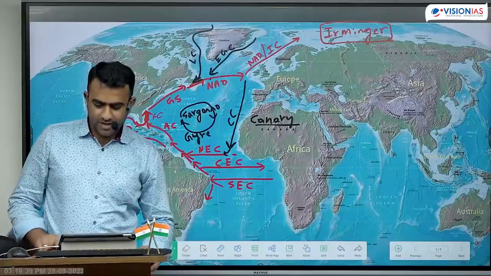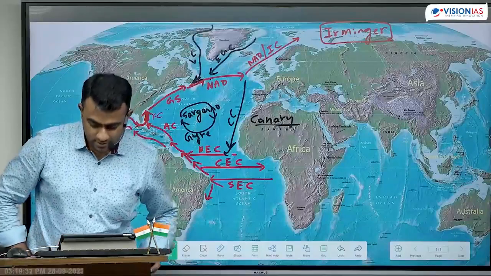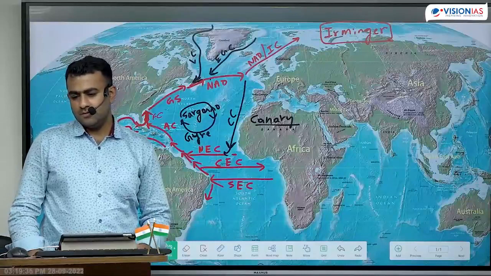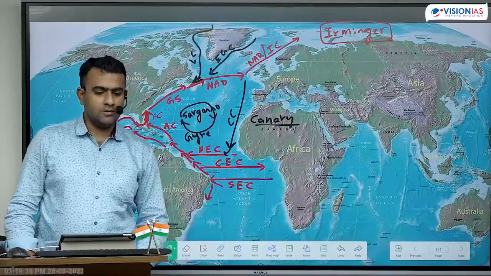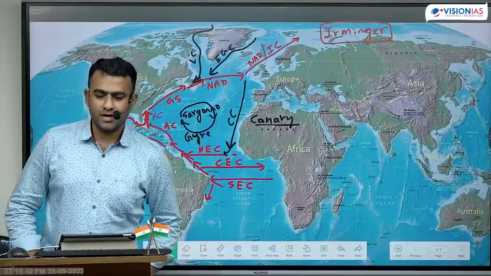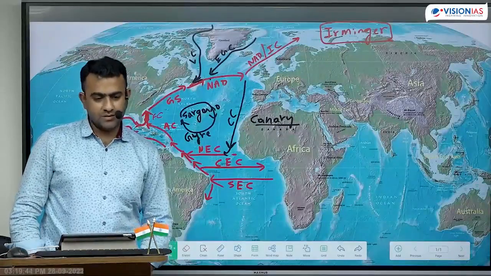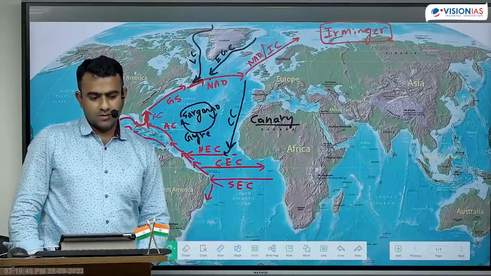Labrador current flows between Canada and Greenland and merges with the Gulf Stream.